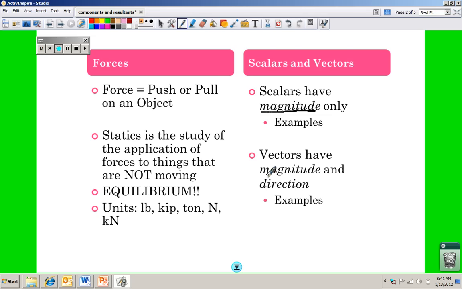So a vector has magnitude and direction and would be velocity. For instance, if I said the car was going 40 miles per hour north, that is a vector. So speed, and this would be velocity.